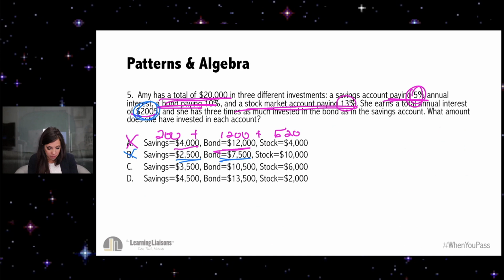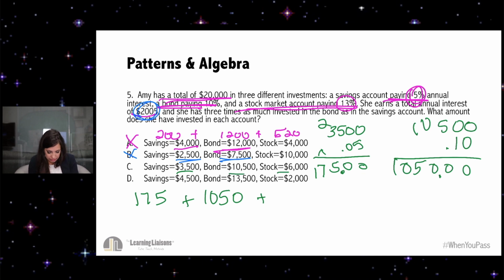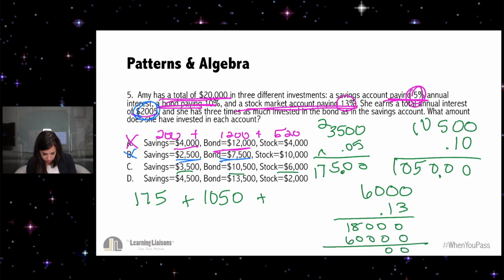Going through the same process. So $3,500 times 5%, $175, plus $10,500 times 10%, $1,050, plus 6,000 times 13%, $780.